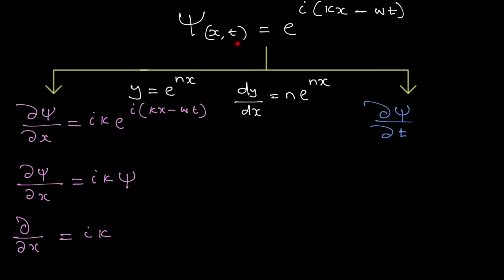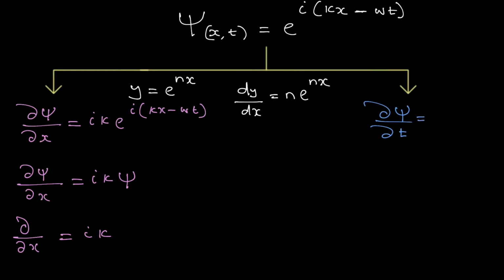Now I'm going to differentiate ψ with respect to t, which means I'll get a function back times −iω, because I'm differentiating −ωt while keeping the kx constant.